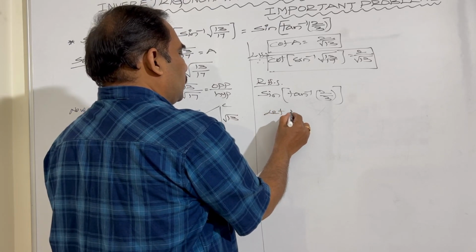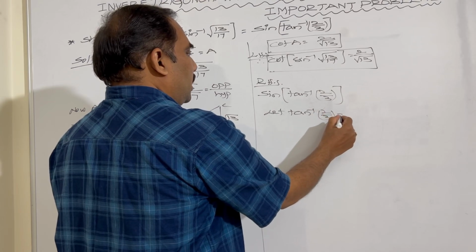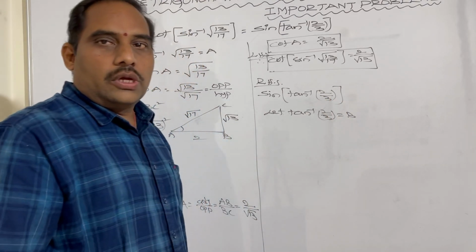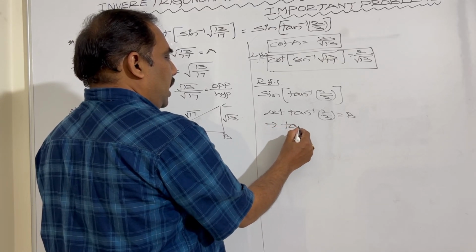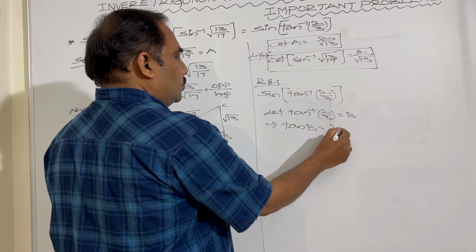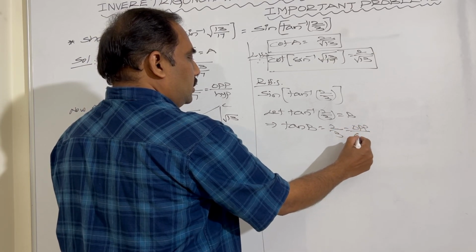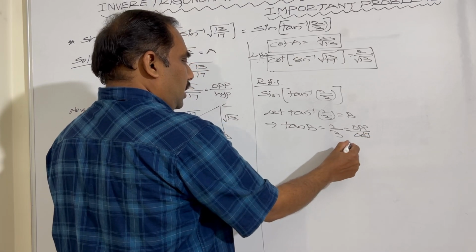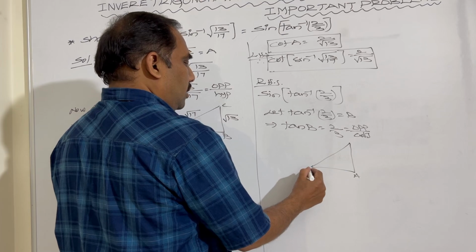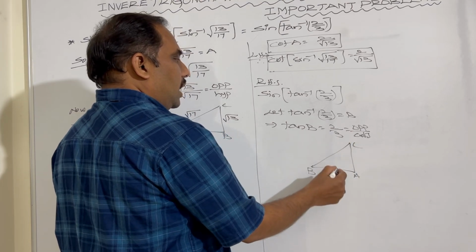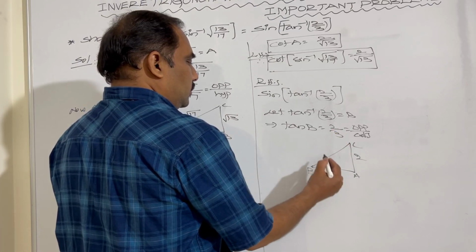Let tan inverse of 2 by 3 be the angle B. From this tan B is equal to 2 by 3. Tan is opposite by adjacent. So if you take a right angle triangle ABC, tan is opposite by adjacent, and the adjacent is 3.